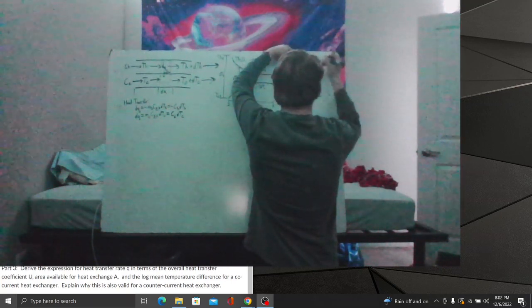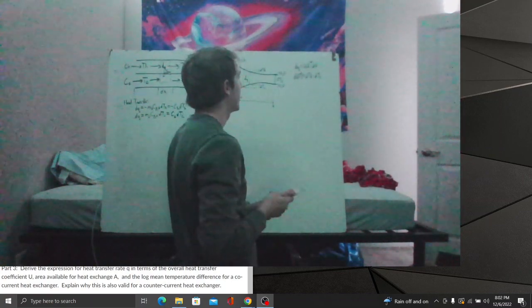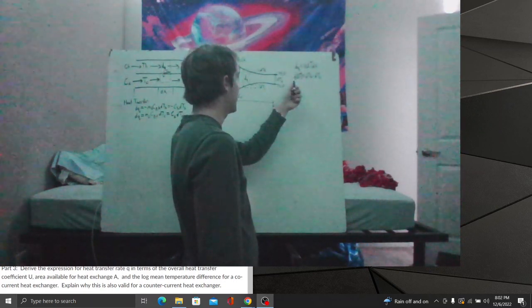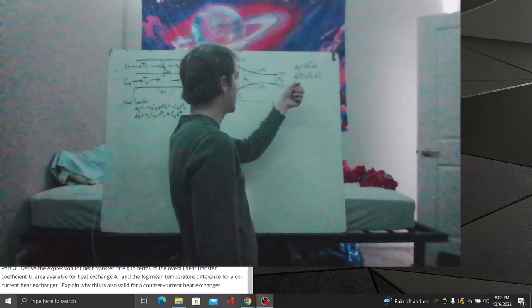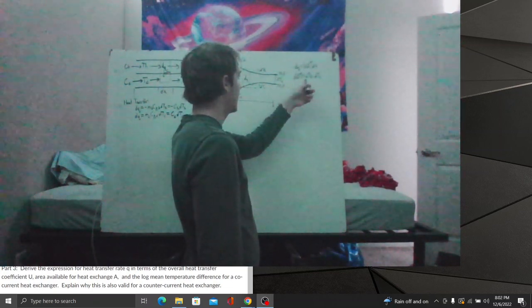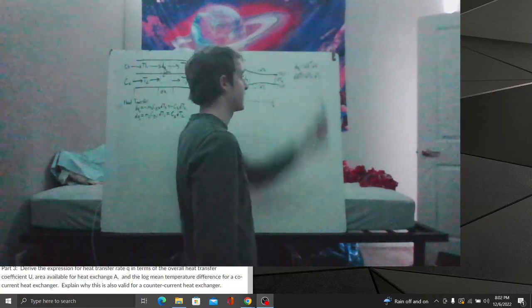Make sure this is capital, there we go. Times the differential area. Then we can rewrite that as d delta T is equal to the change in the temperature of the hot end minus the change in the temperature in the cold end.